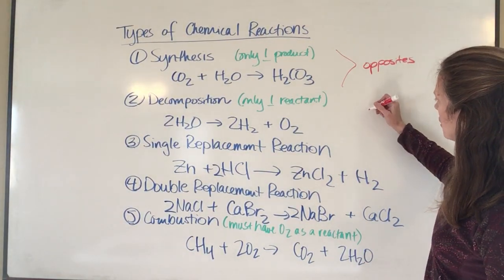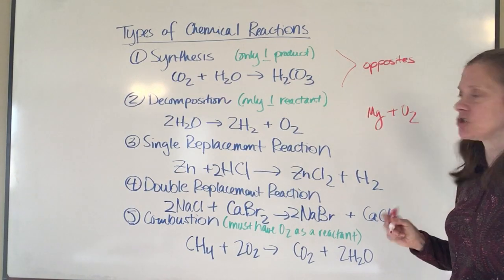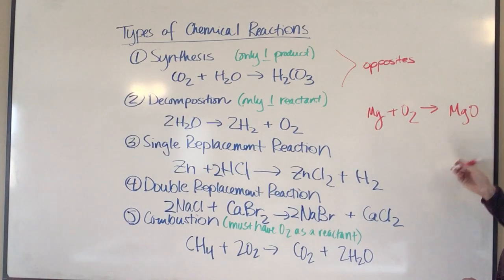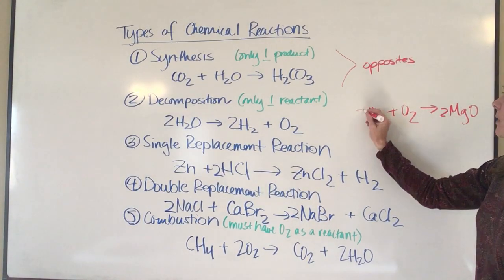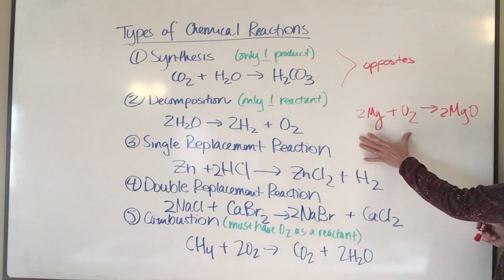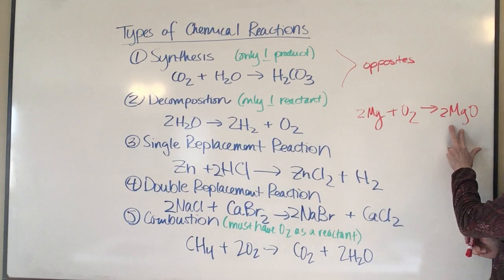Let's say that I took magnesium and reacted it with oxygen, and I would form magnesium oxide, and to balance that I would have to do this. This would be classified as a combustion reaction because one of the reactants is oxygen, and I'm going to form a metal oxide out of it.